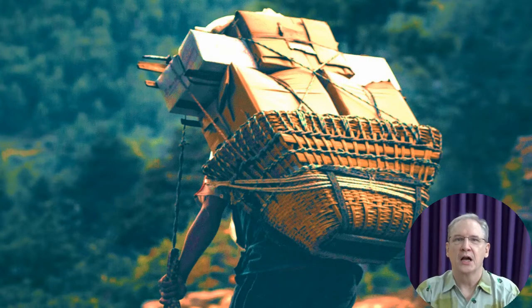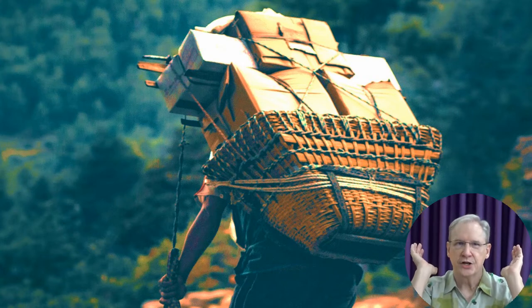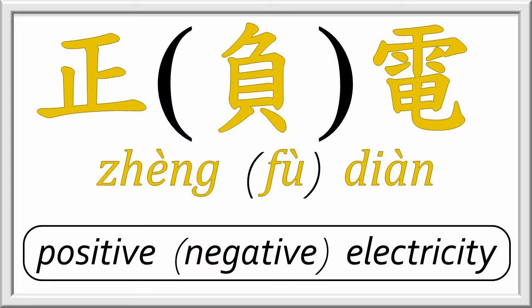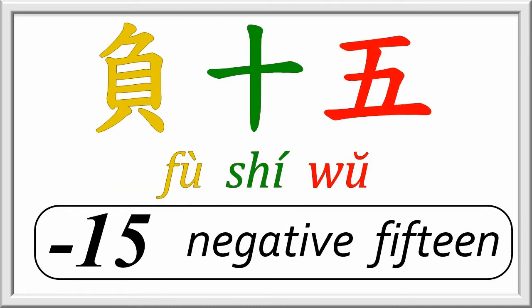From this idea of carrying valuables around, the meaning now also extends to carrying a load on one's back, shouldering any sort of burden. And, stretching the meaning further, anything on your back is in opposition to your face. So it means negative, as in these examples. 正电, 负电, positive or negative electricity, and 负15, negative 15, when doing math problems.